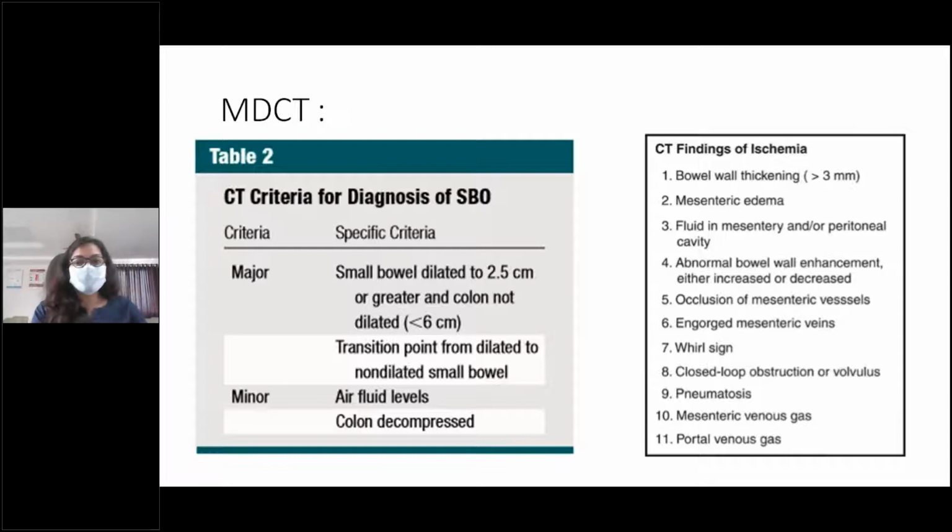And we have to look for occlusion of any mesenteric vessels, engorged mesenteric veins, whirl sign, closed loop obstruction or volvulus. You have to look for any pneumatosis, that is air, mesenteric venous gas or portal venous gas. If ischemia has developed, we'll see gas in the mesenteric vessels and portal vein.